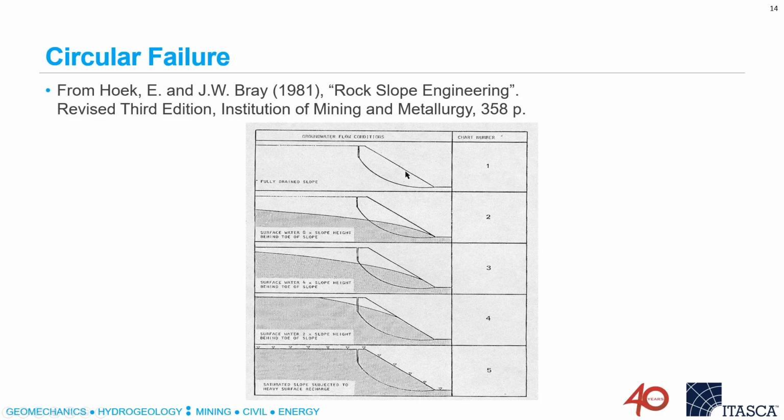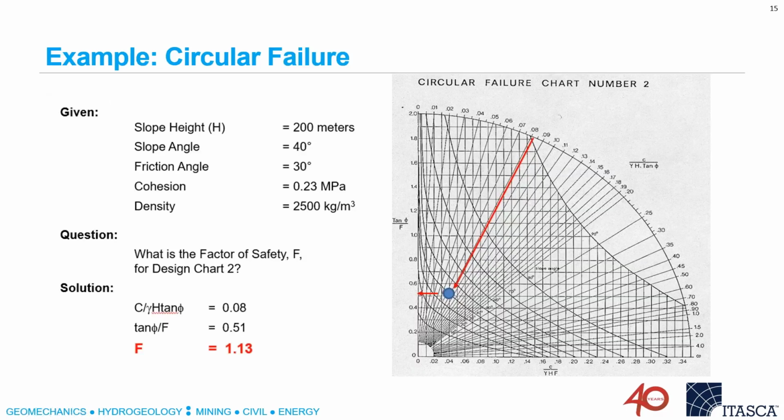Different water conditions, assumptions all the way from dry to fully saturated. And then a series of graphs were developed that allowed people to calculate safety factors for any of those assumed water conditions. There were, I think, 5 different charts.